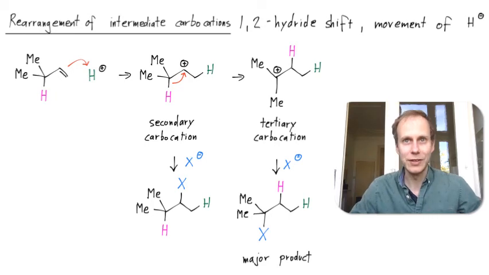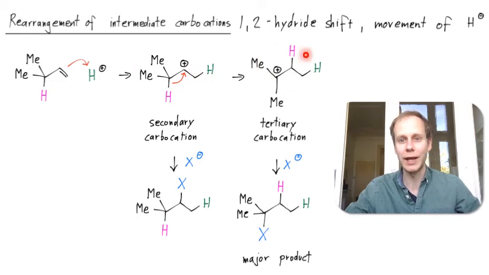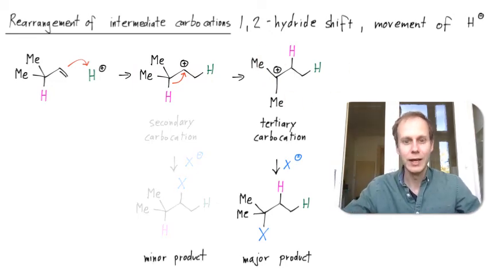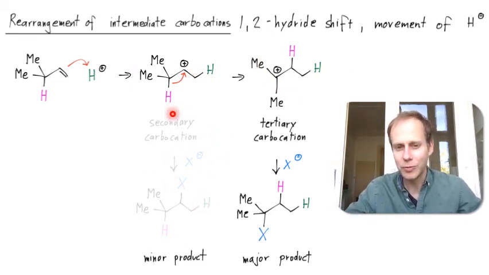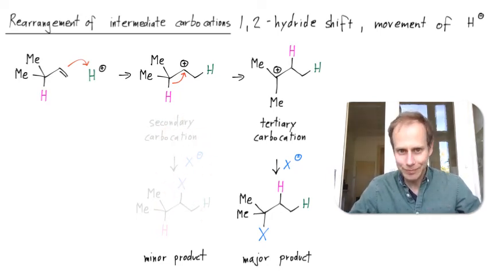This is actually the major product, because this is the main route that the reaction proceeds. Unlike this route, because of the hydride shift, we form a more stable carbocation, and this is only formed a little bit in the product mixture at the end.